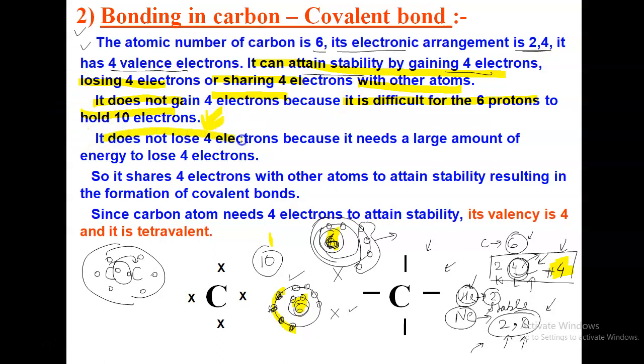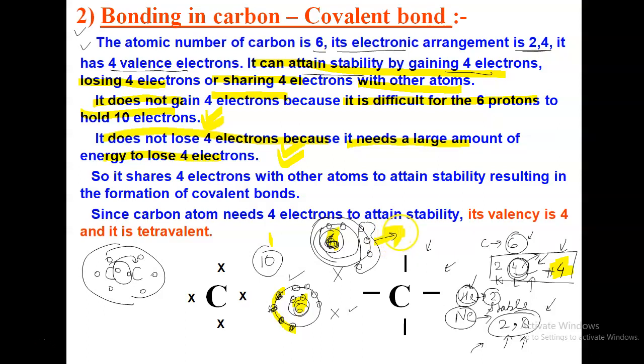See the next point. It does not lose 4 electrons. You cannot lose all the 4 electrons of carbon from its outermost shell. It needs a large amount of energy to lose 4 electrons. Note this point and learn it: why carbon cannot lose all its electrons from its valence shell. The valence shell is the outermost shell where the valence electrons are present.